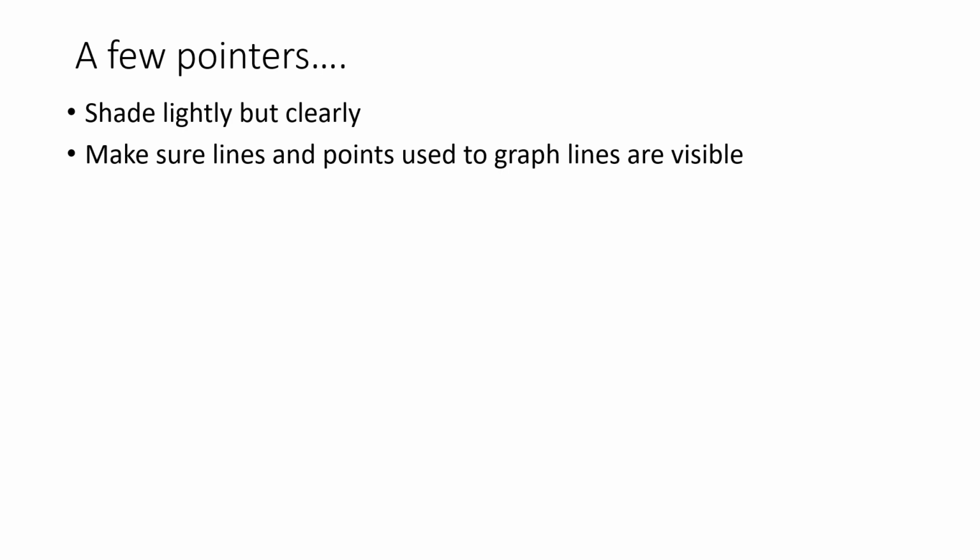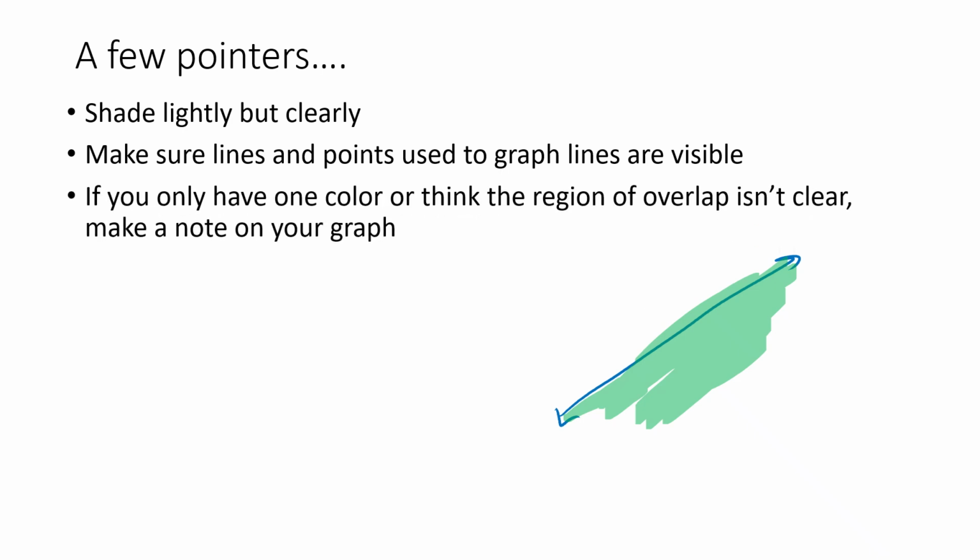And I have seen students do this kind of move, and I probably mentioned this in some of my other videos, where they go to shade, and they shade right on top of the line. And so it becomes very, very difficult to see what's going on. If you only have one color or think the region of overlap isn't clear, make a note on your graph.